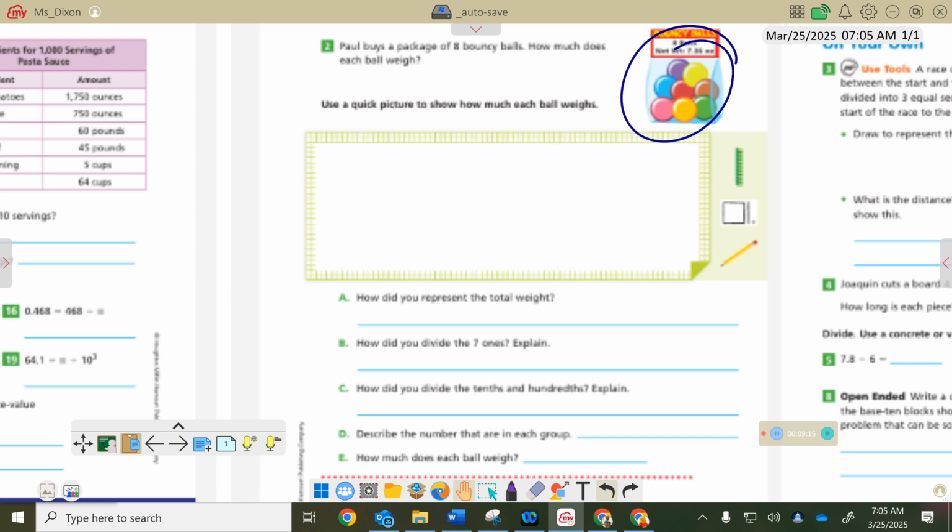Let me try that again. The weight is 7 and 3 hundredths ounces. It says draw a quick picture to show how much each ball weighs.